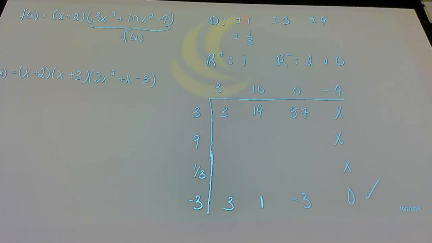Can 3x squared plus x minus 3 be factored? The answer is no. Because if it could have been, we would have found a positive real zero with the rational. Which means you have to use what? How do you solve a quadratic that cannot be factored?